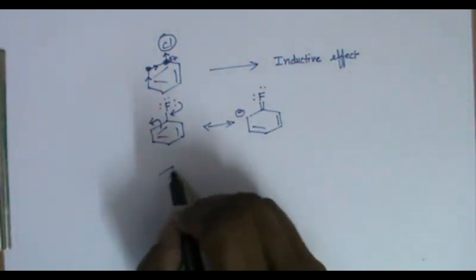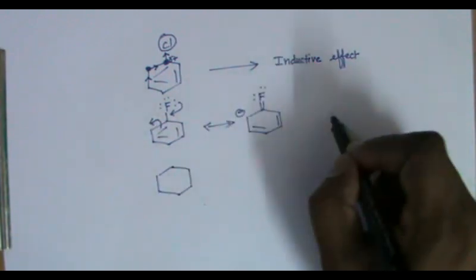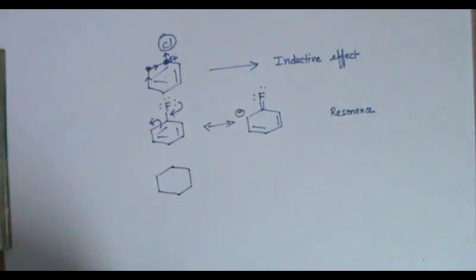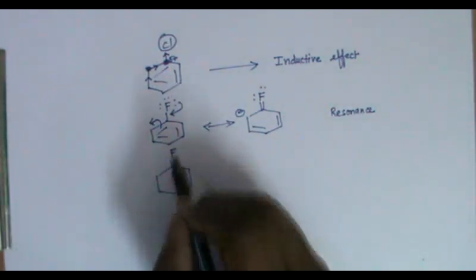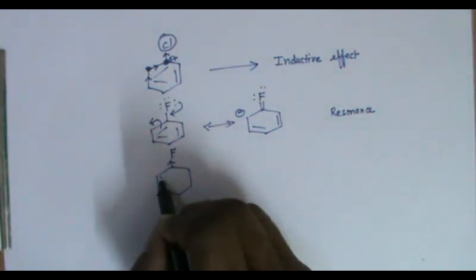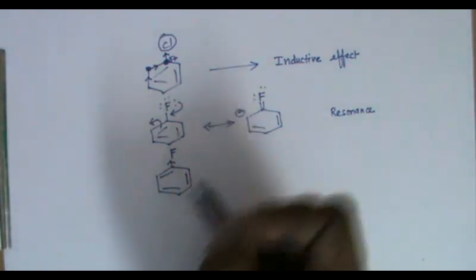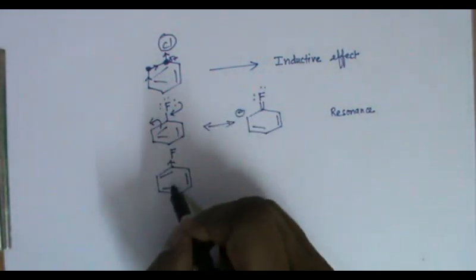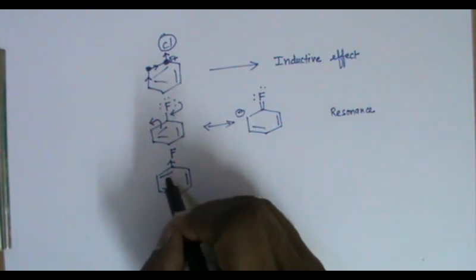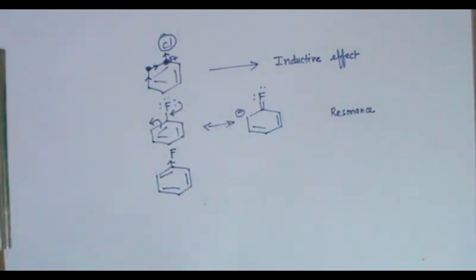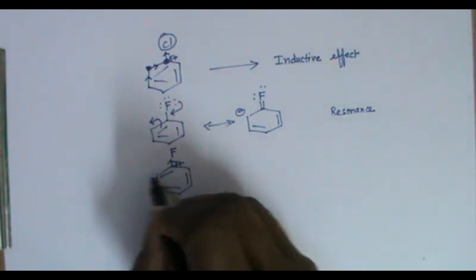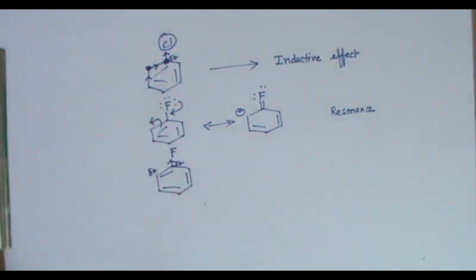This is the resonance effect. At the same time, the fluorine atom can pull the electron towards it. As a result, we may get some del plus on this as well as this. So initially we will get it here, after that we will get more del plus here.